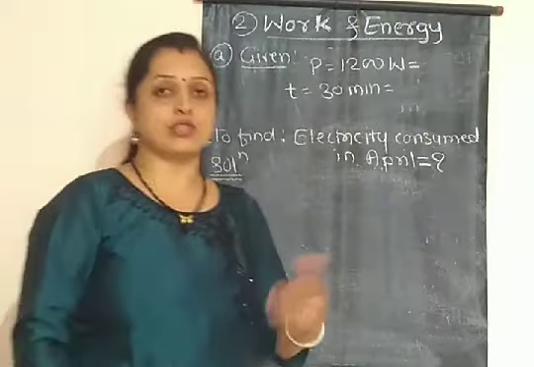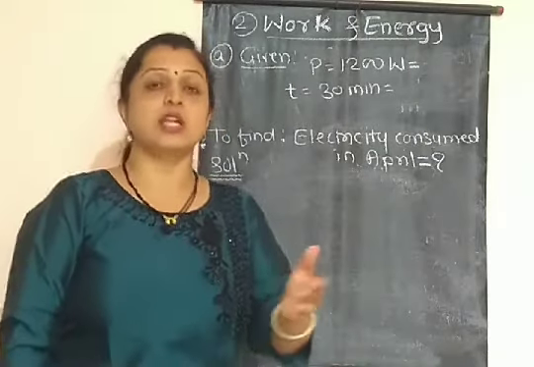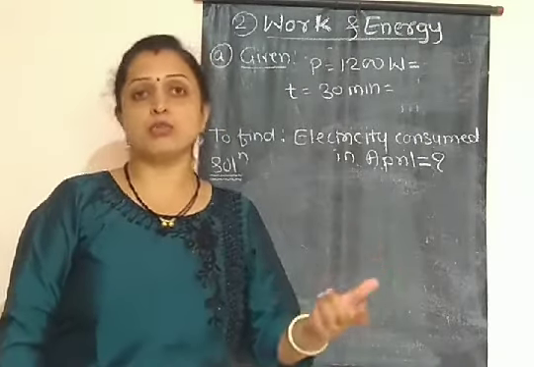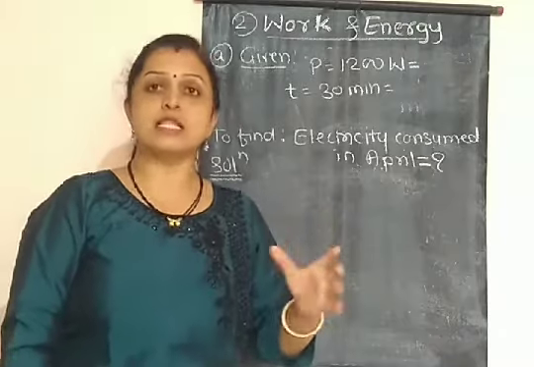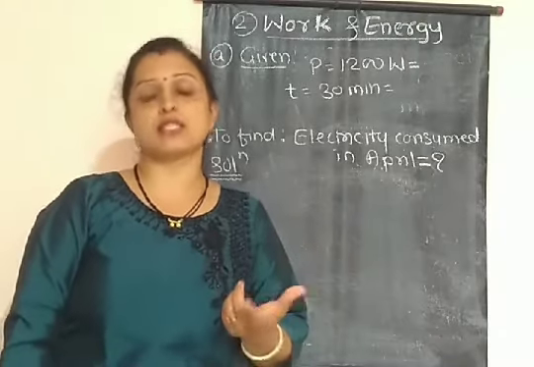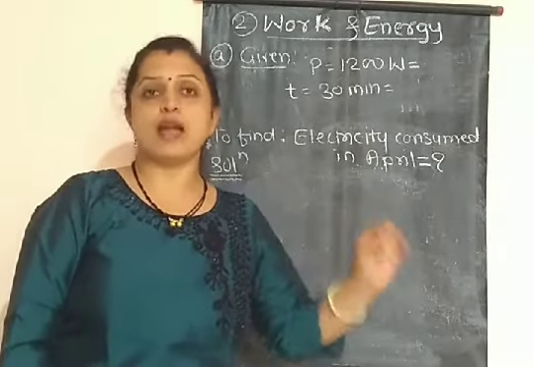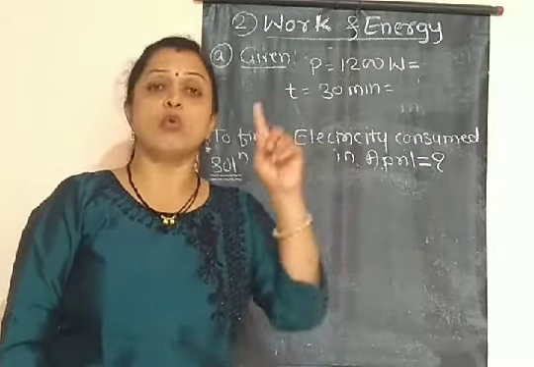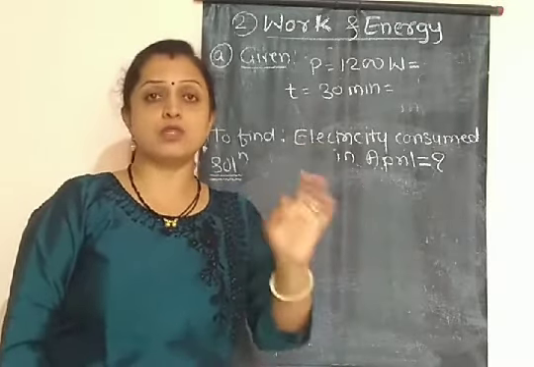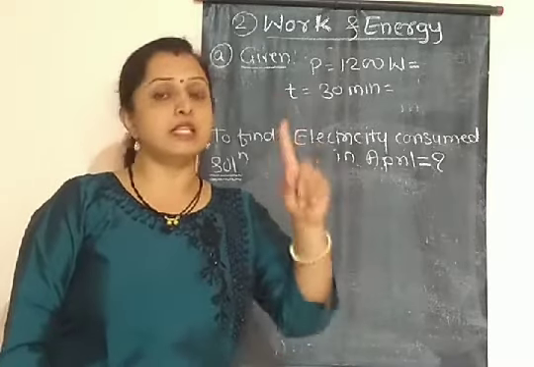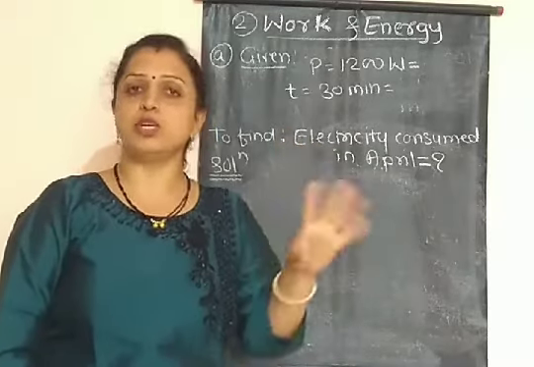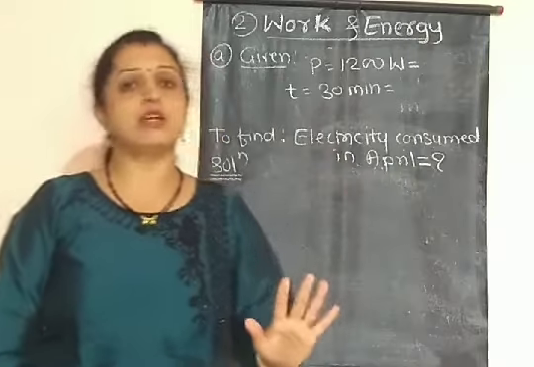Now in the previous lecture, I told you that the electricity that we consume for household purposes is measured in units, and 1 unit is equal to 1 kilowatt hour. It means if 1 kilowatt power is used for 1 hour, then that is equal to 1 unit, that I explained in the last lecture.